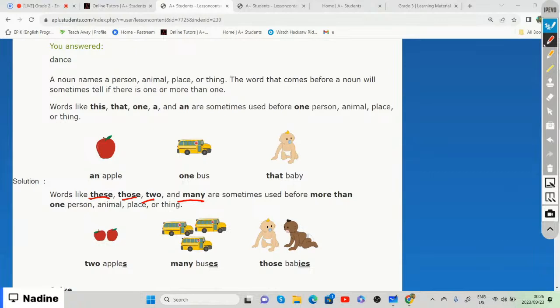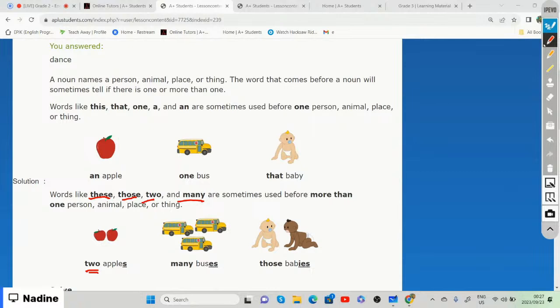And if we look at the few examples right in front of us on the tutorial page, apple, right? If we say an apple, we refer to one, right? So one apple is an apple. And then if we want to make mention of more than one apple, we can either say two apples. So that's basically the number name, two.